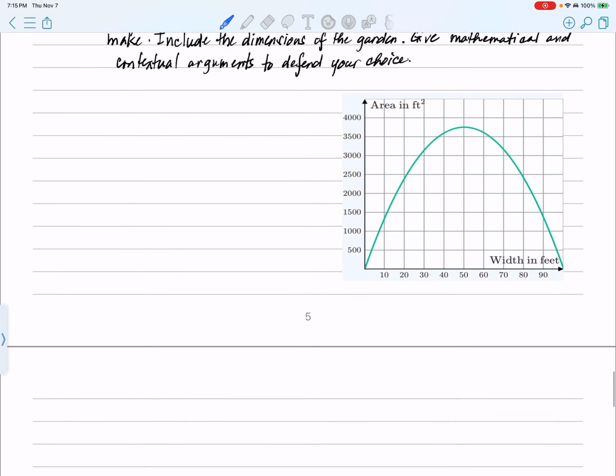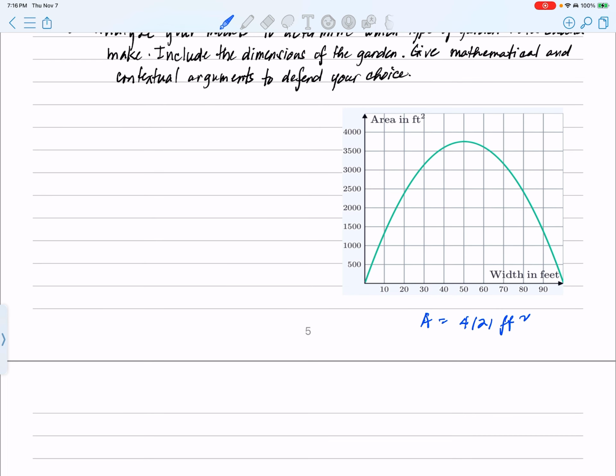Graphing the area function of the rectangular garden can help us make decisions about selecting the shape Kala should choose for the garden. So finding the vertex, or looking at the graph of the maximum area, is about 3,000 right here. The maximum is about 3,700. Let's approximate it, feet squared.